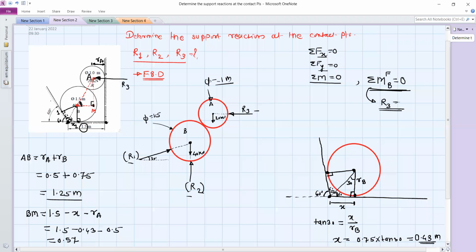Distance BM we have got as 0.57, and this distance is 1.25. So observe the triangle.